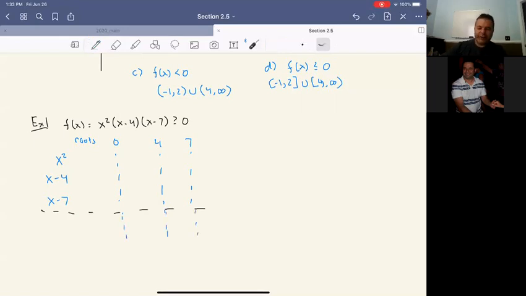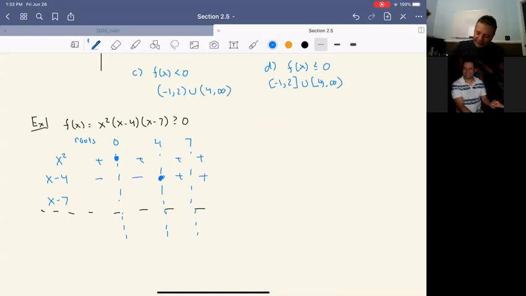Now x squared. X squared is a parabola, right, which is positive except for at its 0. So positive, positive, positive, positive. X minus 4, y equals x minus 4. If we look at that, that is a line that slopes up. So that means it changes from being negative to positive at its root. Its root is at, of course, 4. Okay, so negative, negative, positive, positive.